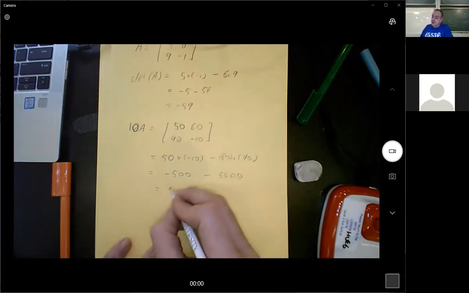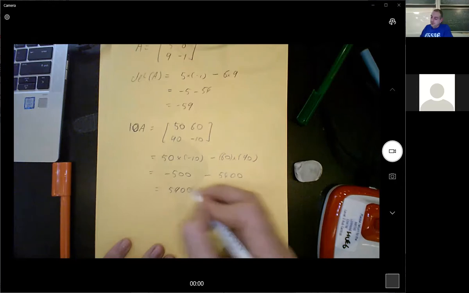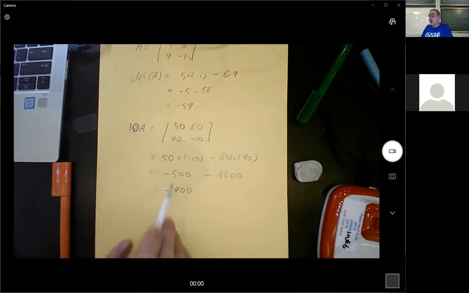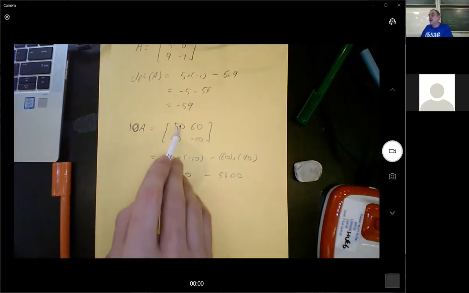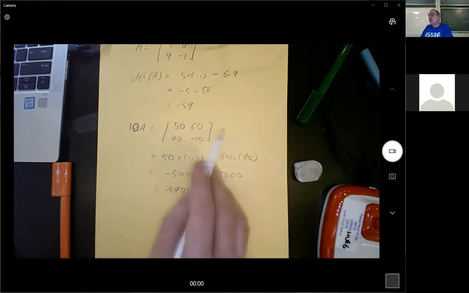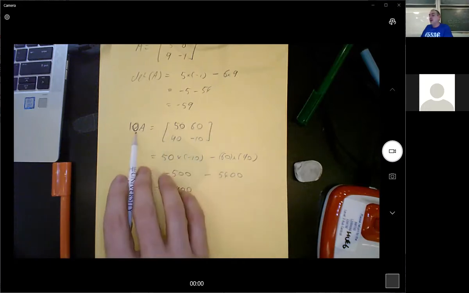And so I'll get this. Multiplying the matrix by 10 ended up multiplying the determinant by 100. That's because this one gets multiplied by 10 and this one gets multiplied by 10 as well, and they're going to be multiplied by each other. Every time you multiply one row by a number, it multiplies the determinant by that.